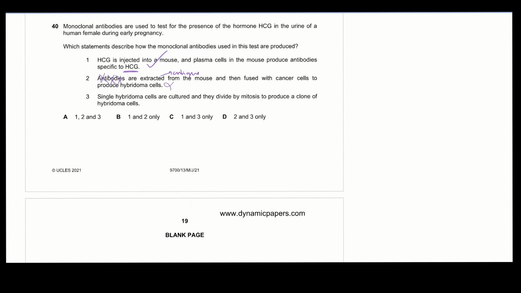So this is incorrect. 3. Single hybridoma cells are cultured and they divide by mitosis to produce a clone of hybridoma cells. This is correct. So hybridoma cells is when plasma cells fuse with myeloma cells, aka cancer cells, by a substance called a fusogen, forming hybridoma cells.